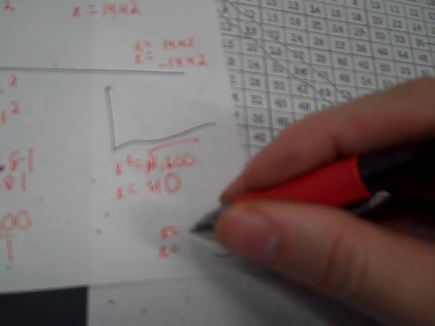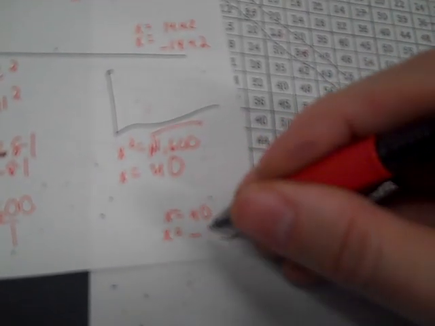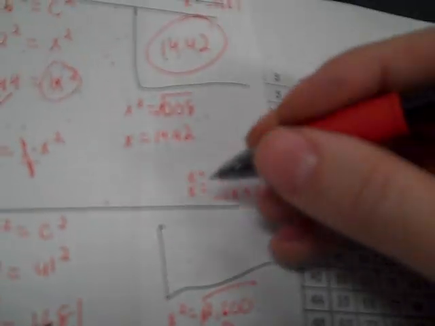Then I find the square root of 1,600. 40. Okay, so we get 40 or negative 40. Okay, 40 is my answer. Okay, and that's pretty much how you do the Pythagorean theorem of a right triangle.